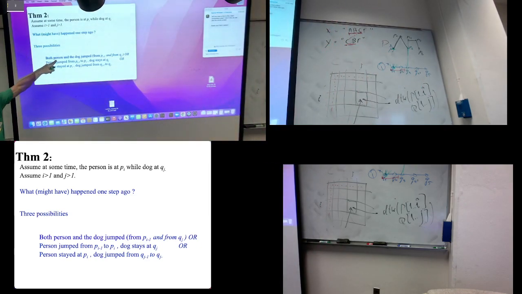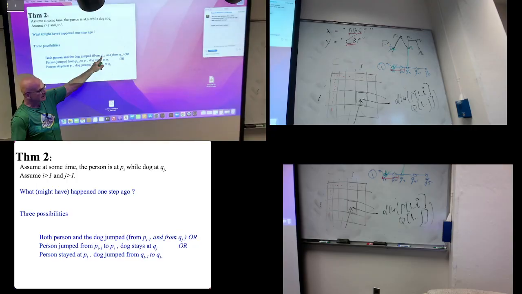One step ago, if now they're at Pi and Qj, then in the last step, the dog was the one that jumped.